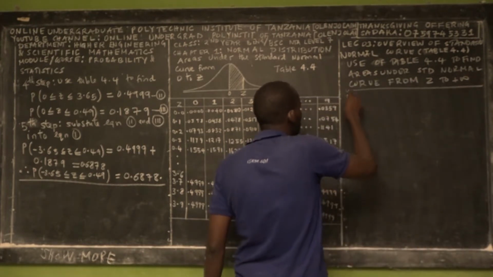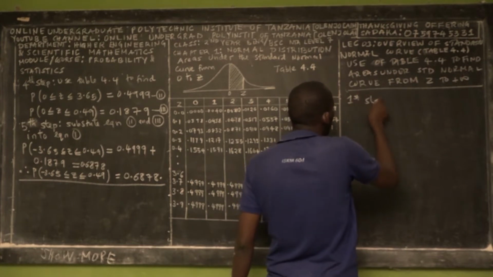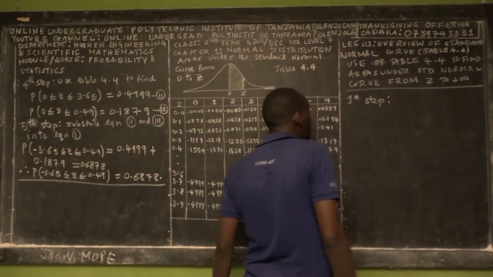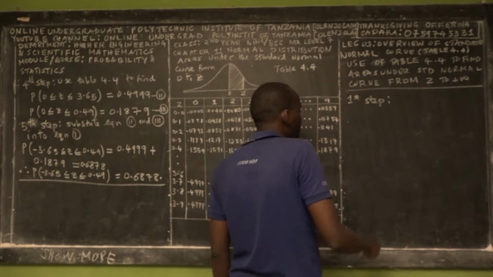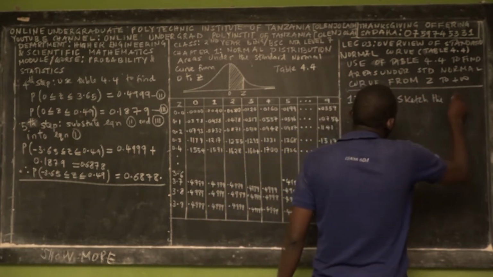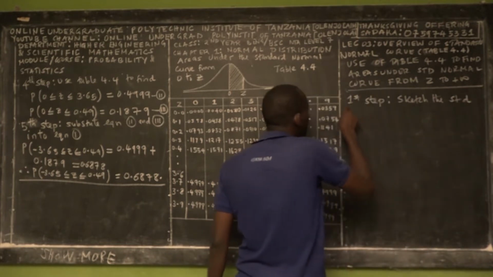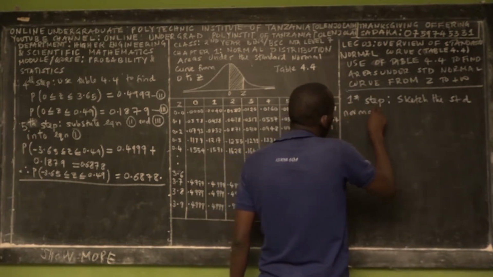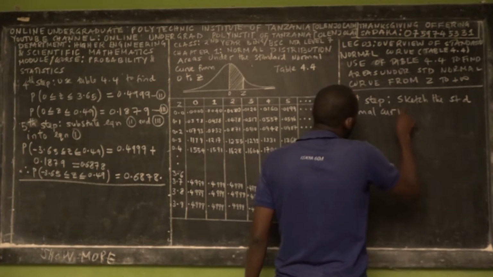So the first stage of using table 4.4, the first step, you say that sketch the standard normal curve.